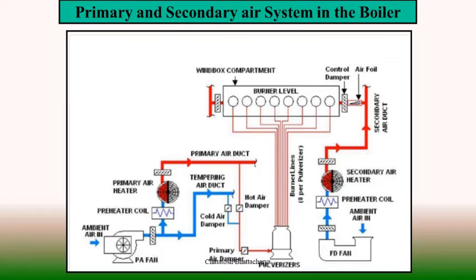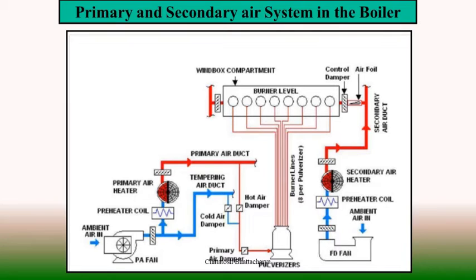They are collecting air from the atmosphere and sending it to the air preheater, the primary air preheater part, and after getting heated, this hot PA is sent to the milling system.